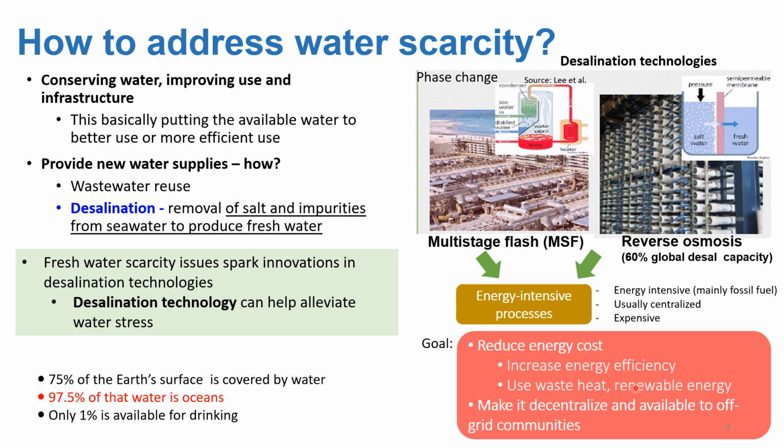And also there's an opportunity for a system that can be decentralized. It means it can be used in inland, small inland, or off-grid communities if you are using some renewable energy. So herein, I will introduce two new emerging technologies that are quite promising as an alternative or in conjunction with the reverse osmosis technology, which is the state-of-the-art desalination process.